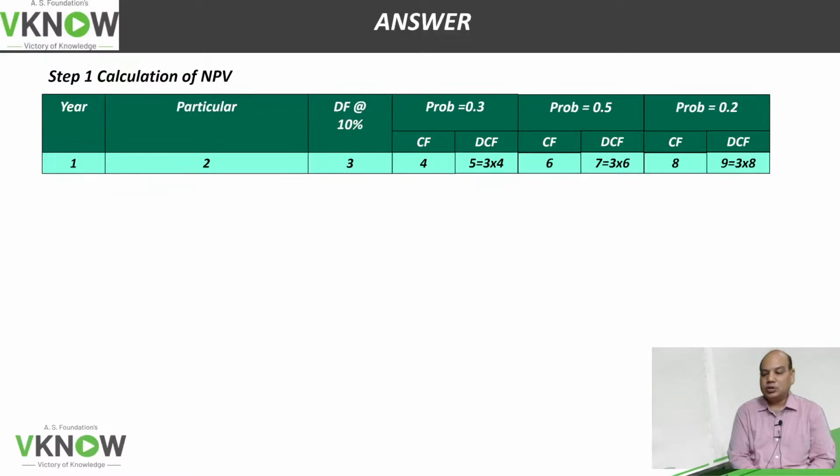Discounted cash flow means PV of cash inflow, and probability equal to 0.2, cash flow, discounted cash flow.